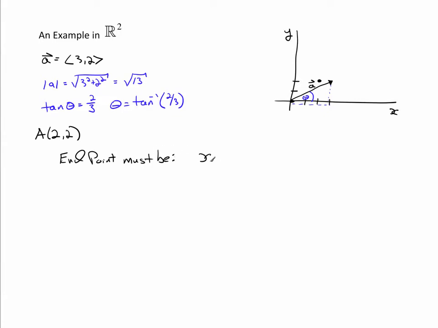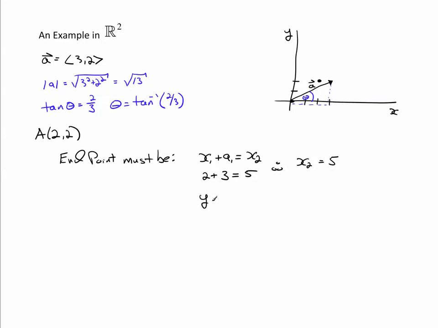well, I know I need x1 plus a1 equals x2. So a1 is 3, x1 is 2, so 2 plus 3 has to be equal to x2, which is 5. Therefore, x2 equals 5. And also I need to take a look at y2.